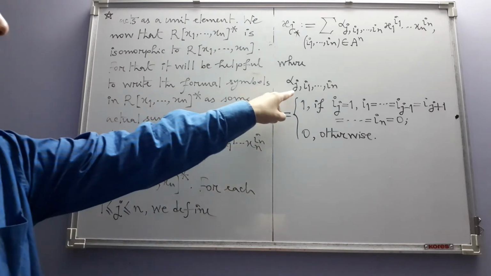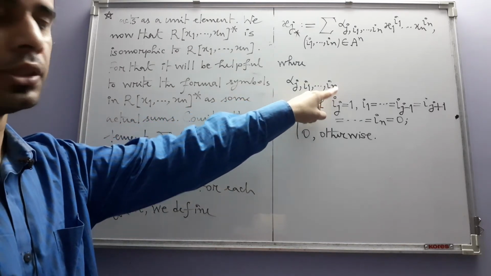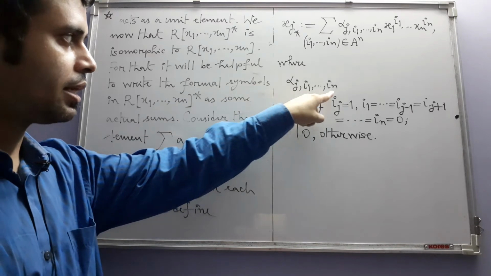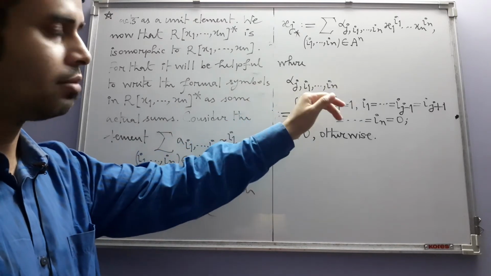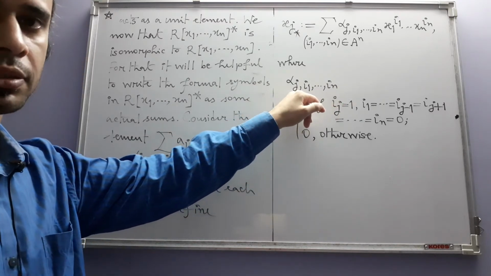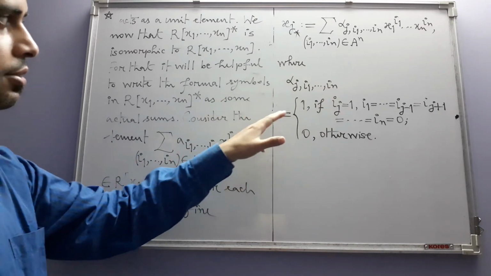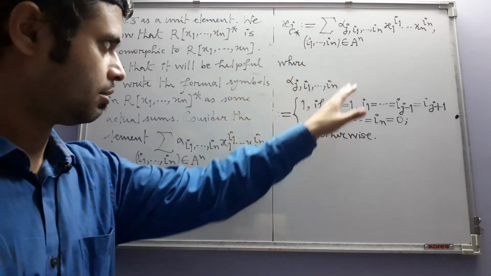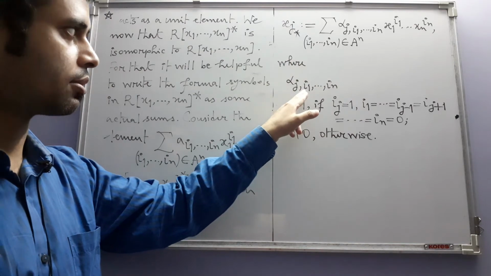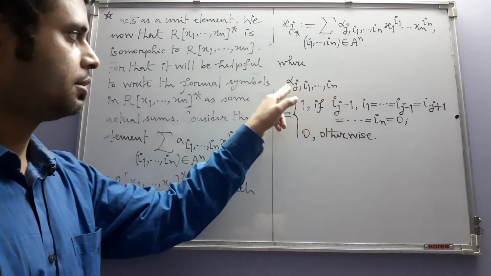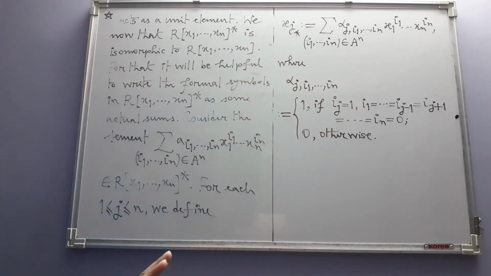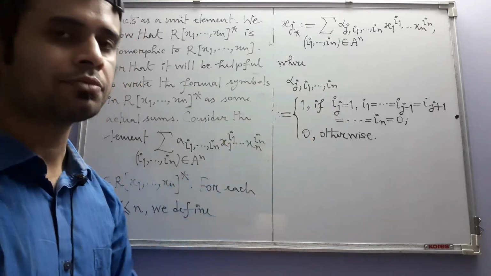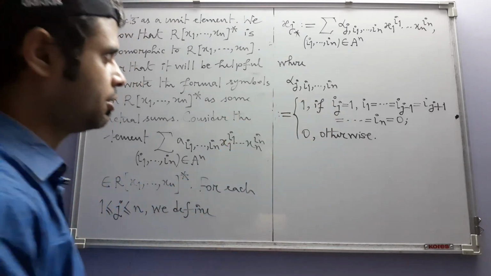You may wonder about this multiple suffix. Here, besides having the I alphas, we have an extra j also. That we are doing just to show that this entire coefficient depends not only on the I alphas but also on j, because its definition involves j.